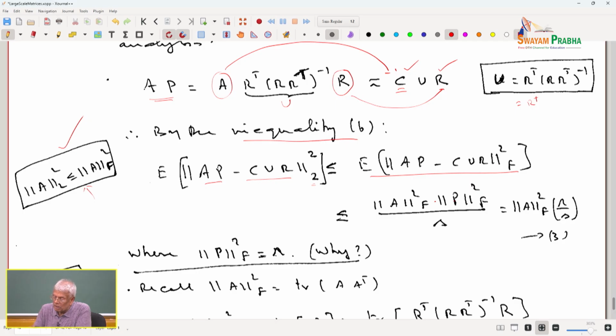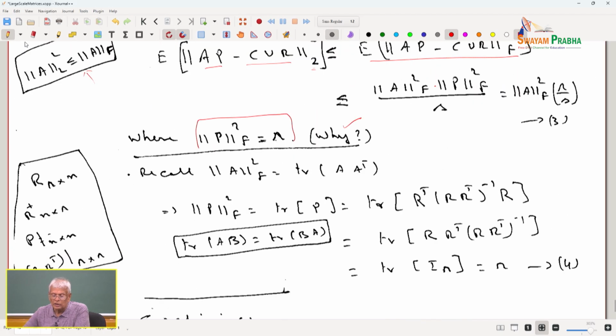The Frobenius norm of P squared is R, and we have already talked about it, but I want you to argue why. And where did we do that? We talked about the rank of the projection matrix when we talked about least square modeling. Now I want you to go back to the definition of the Frobenius norm. The square of the Frobenius norm is essentially equal to the trace of A A transpose.